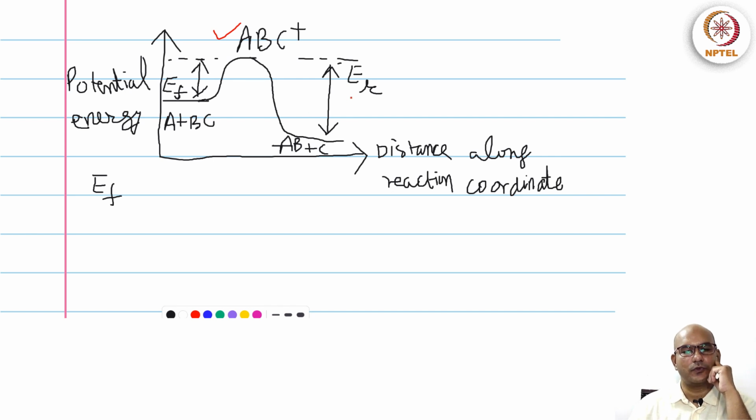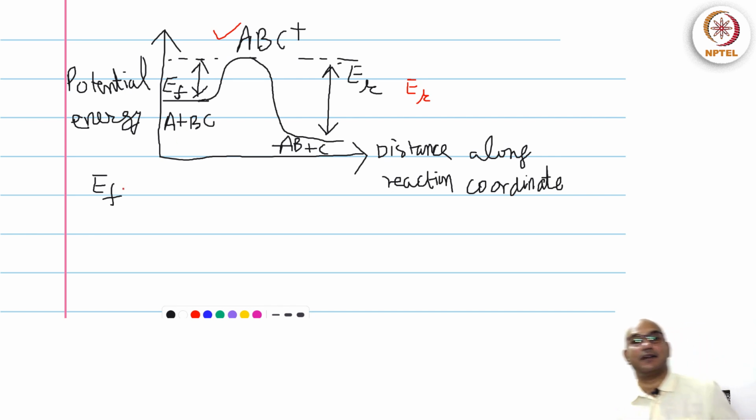If I was to go for the reverse reaction, AB plus C giving A plus BC, we must again reach the ABC state, which means I need to provide an activation energy of ER, which is much higher than EF actually.